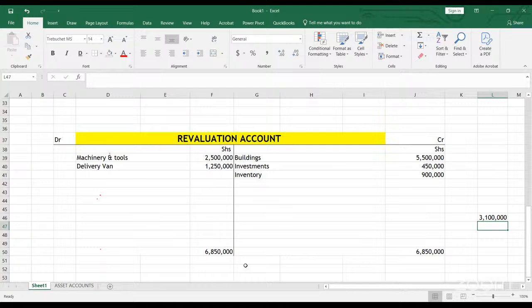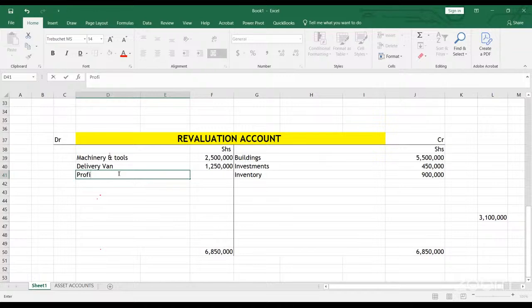That profit has to be shared. That is the balancing figure. You get the total credits minus the total debits. You come up with a profit, which is 3.1.